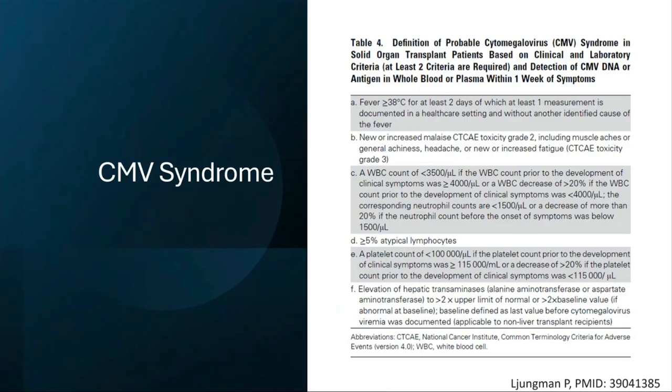The second would be leukopenia, atypical lymphocytes on the CBC, thrombocytopenia, or transaminitis, with exact definitions outlined in this table. So for CMV syndrome, you have two or more signs as outlined in this table.